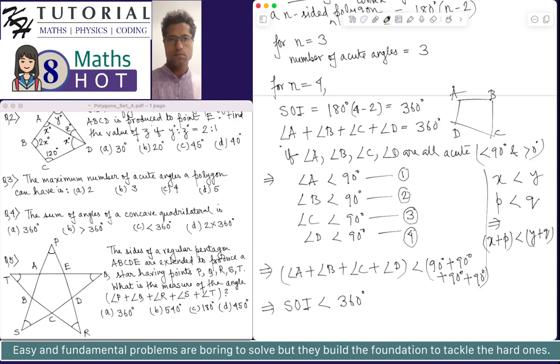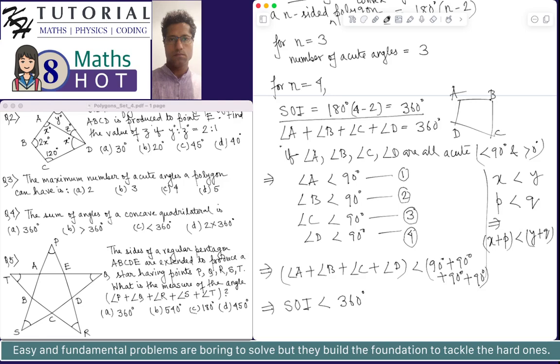We know that for a polygon having 4 sides, the sum of interior angles is always equal to 360 degree as per the formula 180 degree multiplied by n minus 2. For n equal to 4, we have 360 degree.